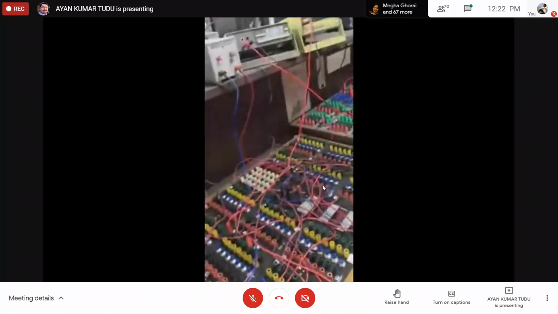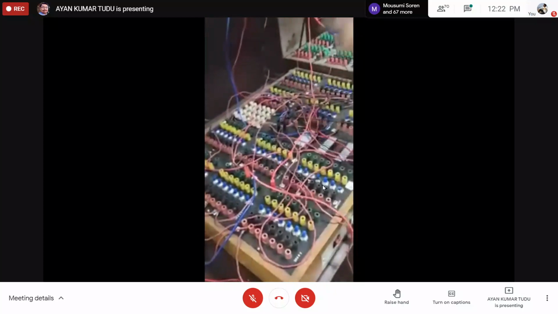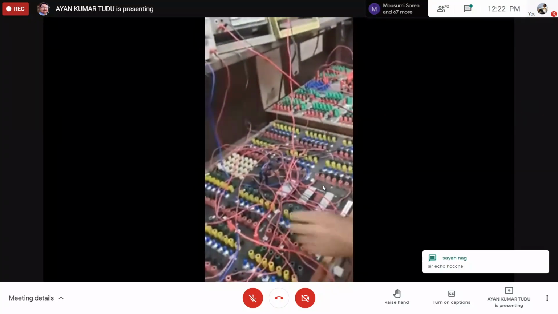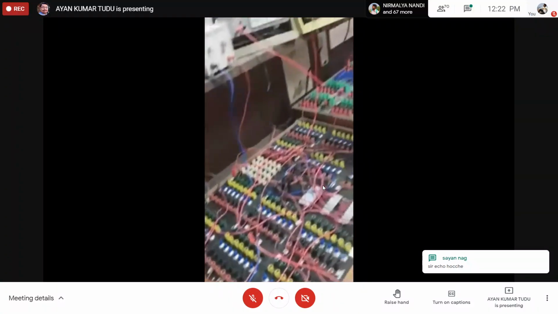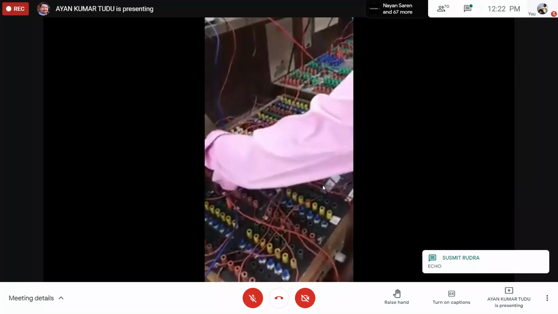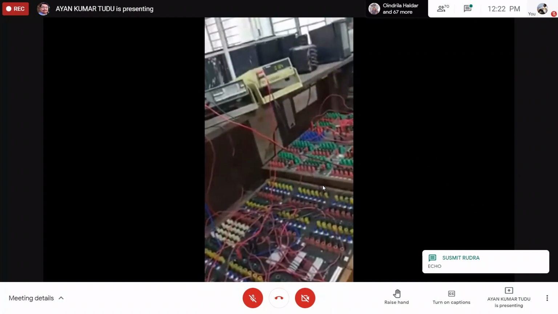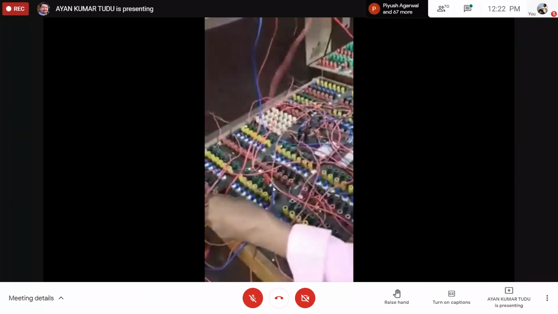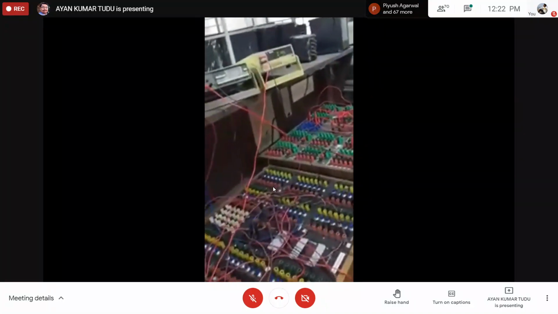Then we are measuring VPB, then VPC, then VPD, VPE, and VPQ.